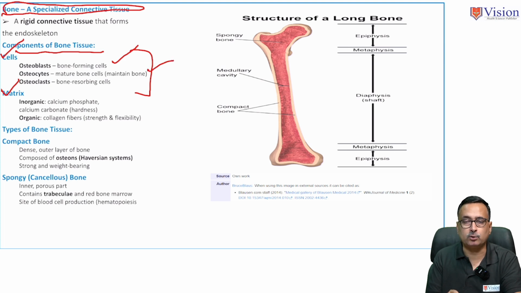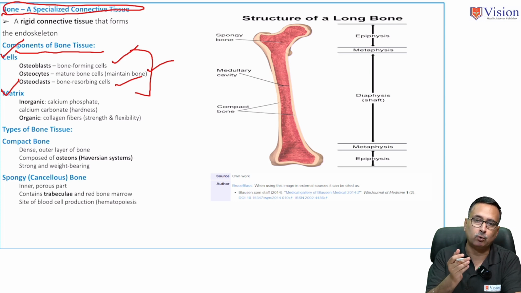Osteocytes are the mature osteoblasts, and osteoclasts are the giant cells in bone which bring about bone resorption. So osteoblasts perform bone formation, osteoclasts perform bone resorption.